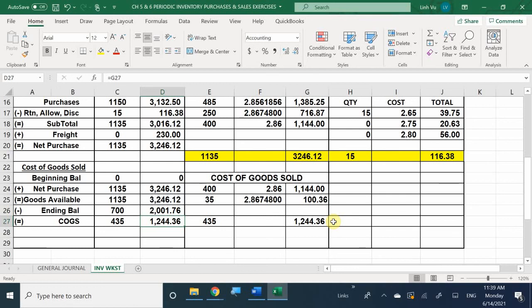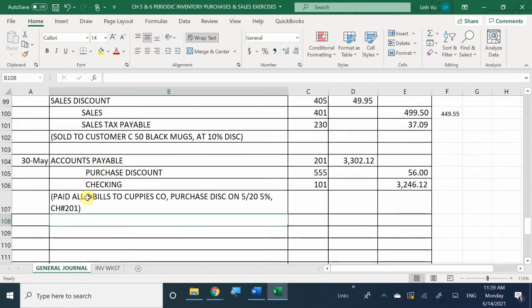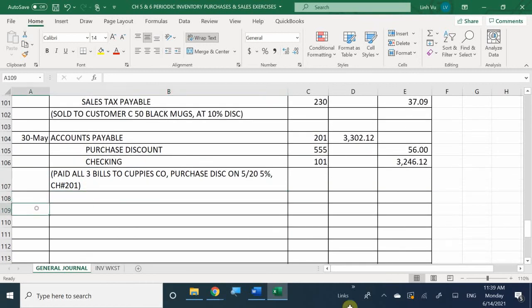Excellent. So now let's go ahead and build my journal and complete the rest of this. What should my journal look like now? What should my conversion entry look like?